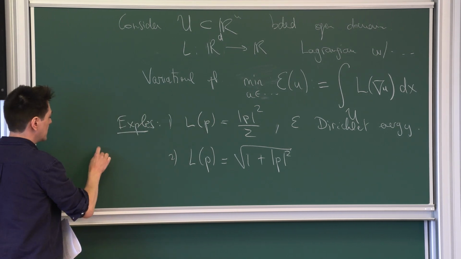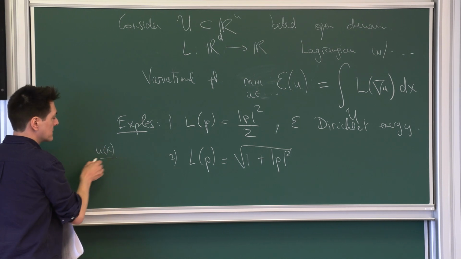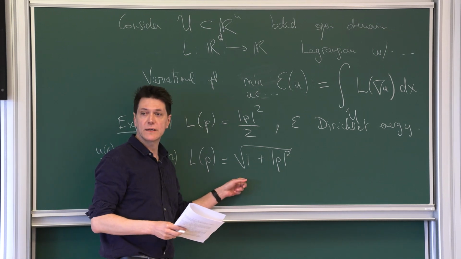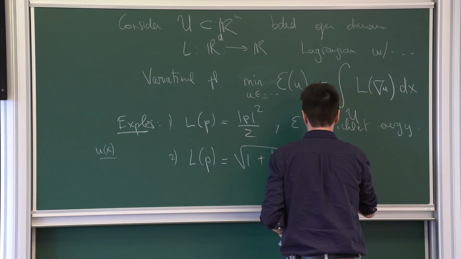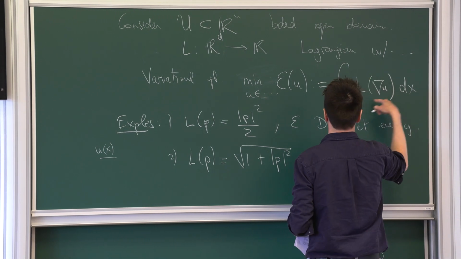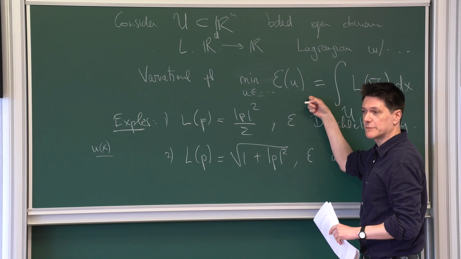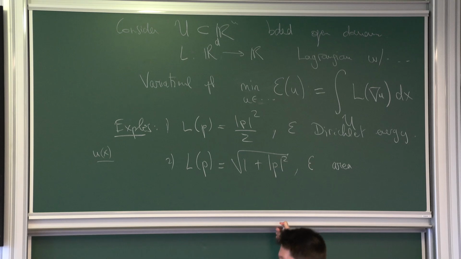The standard interpretation: if u is your height function that determines the surface, this is just the element of area on the surface, and therefore E is just measuring the area of your surface, and you have the minimal surface problem. Okay, these are the super standard examples.